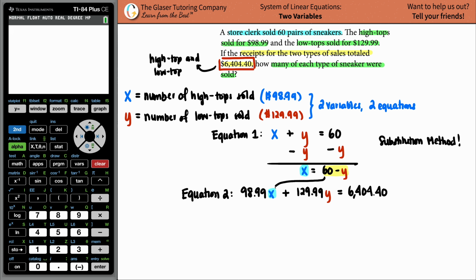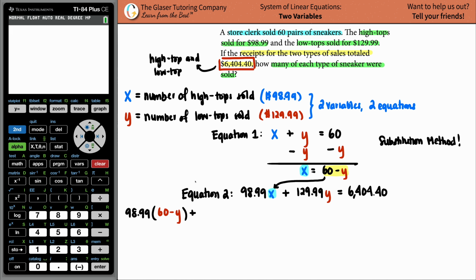The x equals 60 minus y. So instead of saying 98.99 times x, we're going to say 98.99 times 60 minus y. And then just keep going with the rest of equation 2.